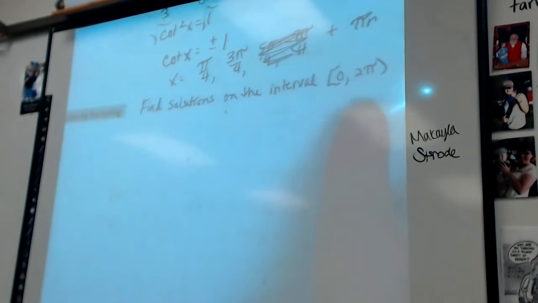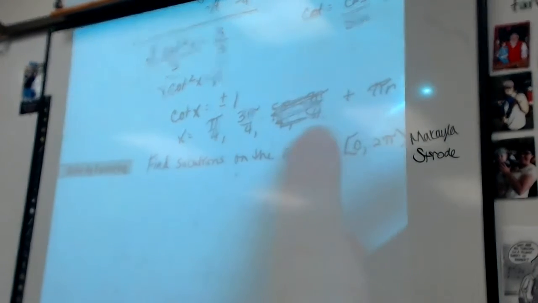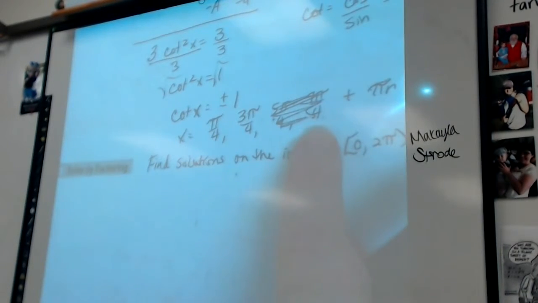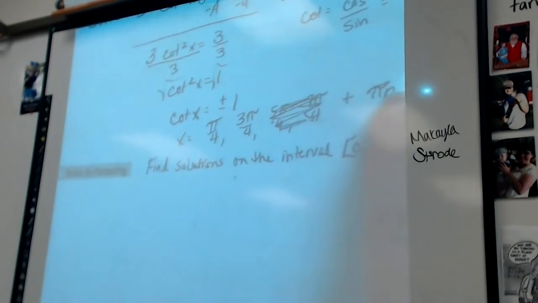So now on this one, if you were doing tangent, since you're not doing the pi n, since you're doing cotangent, you would list all 4 of them. Because you're only doing that one, so you see what I'm saying? Because if you're not going to put plus pi n, then you've got to list all of them that's in the whole circle. So be careful about that too.